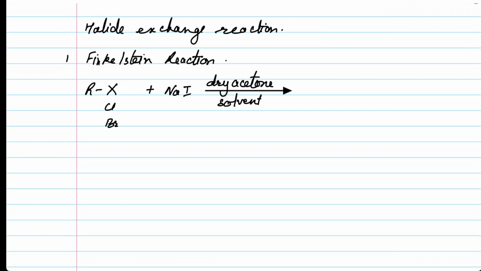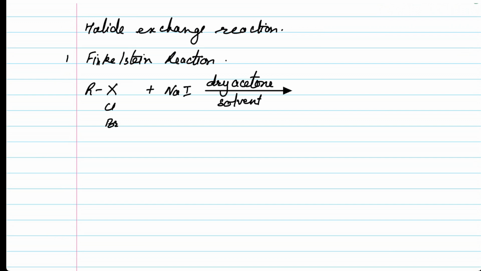This is an equilibrium driven reaction in which sodium iodide is soluble in dry acetone because of its higher covalent character, while in the product, when sodium bromide or sodium chloride is formed, it happens to be insoluble in the acetone and therefore is precipitated.